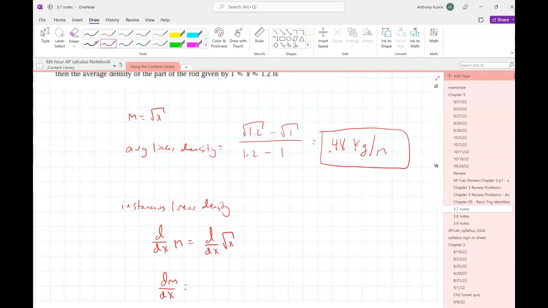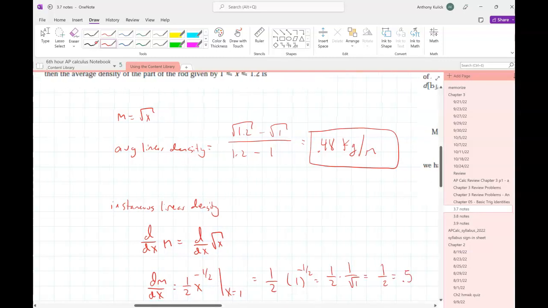And the derivative with respect to x of the square root of x is? Okay, and if we evaluate that at the first point of our rod, what do we get? .5 kilograms per meter.